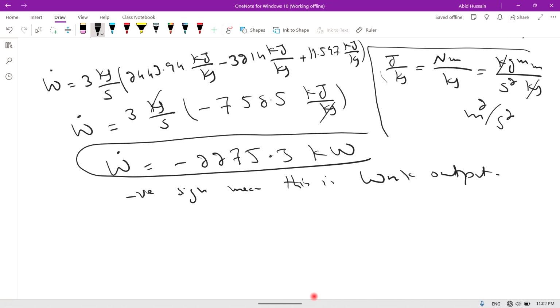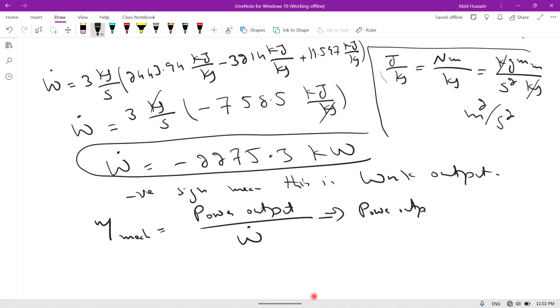Now we are finding power output. So mechanical efficiency is equal to power output divided by W dot, the rate of flow of work. So this implies that power output is equal to mechanical efficiency multiplied by W dot.